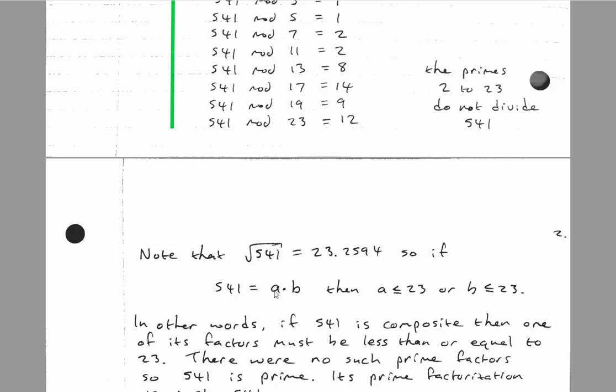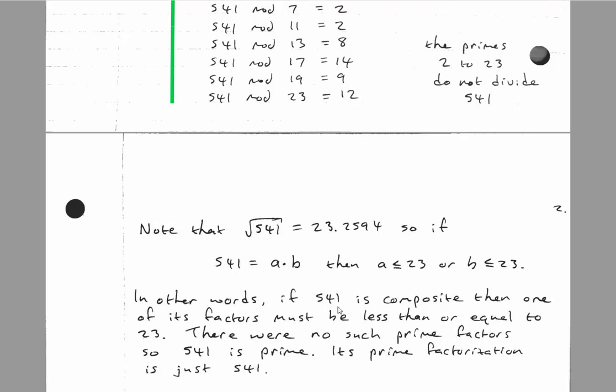Does that make sense? Yeah. So if you have, say, 24 times 24, that's going to be bigger than 541. So if 541 is a product of two smaller numbers, in other words, if 541 is a composite, then one of those smaller numbers has to be 23 or smaller.